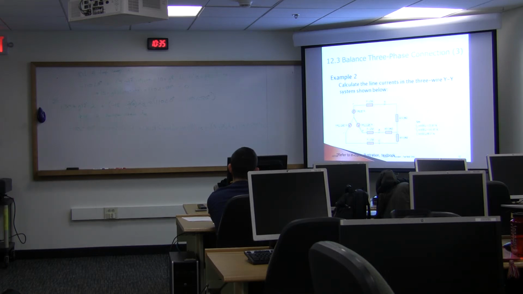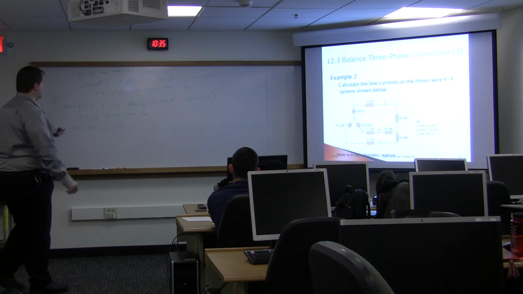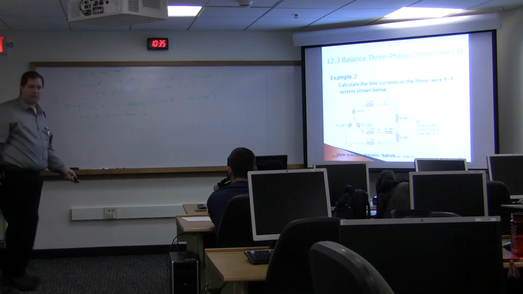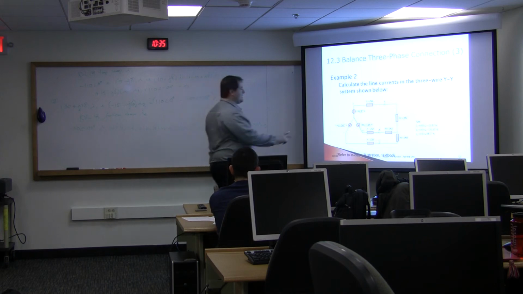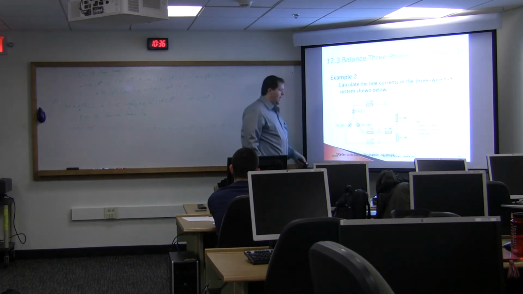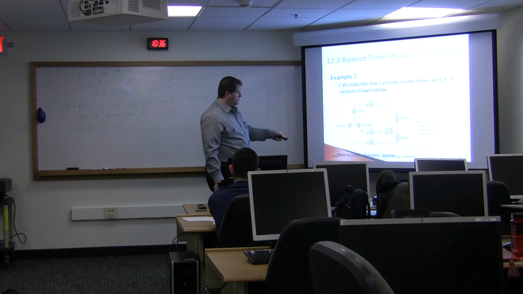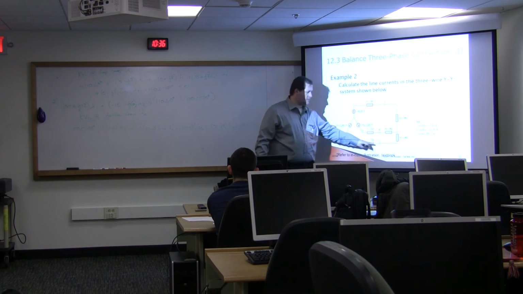So when I solve this, right, I would get little I1 and little I2, but little I1 is the current in the A line. Right? Everybody agree with that? That is this one. And our little I2 is just going to be negative the current in the C line.